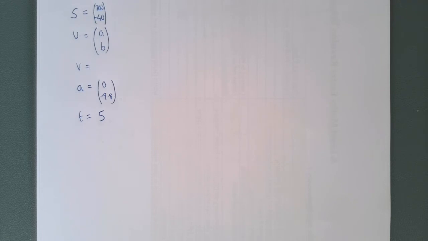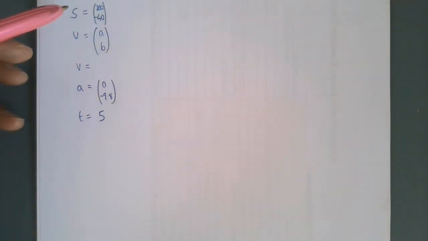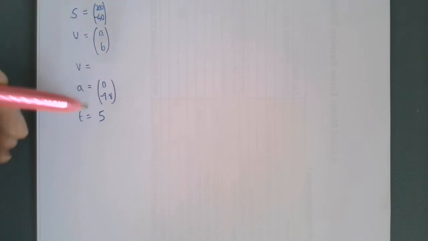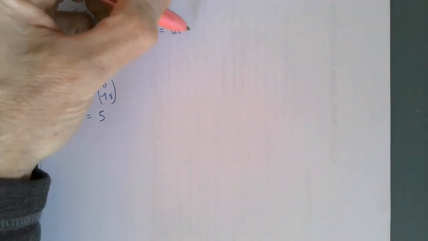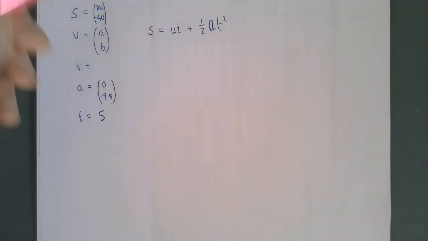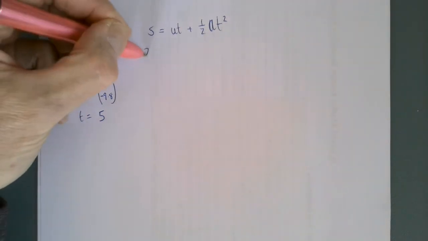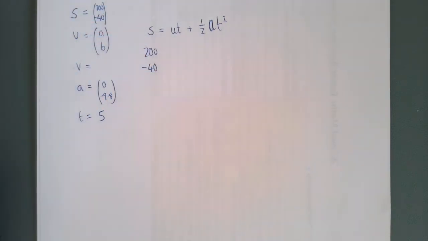But I want to know A and B, so this is going to be another S equals UT plus half AT squared, and so 200 minus 40. I tell you what, rather than me doing it for you, why don't we pause at that point and you have a go?